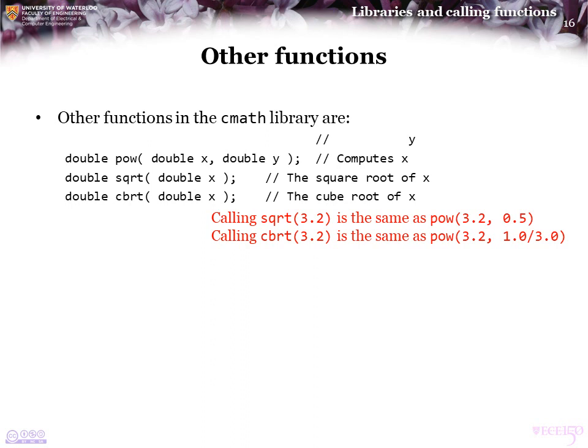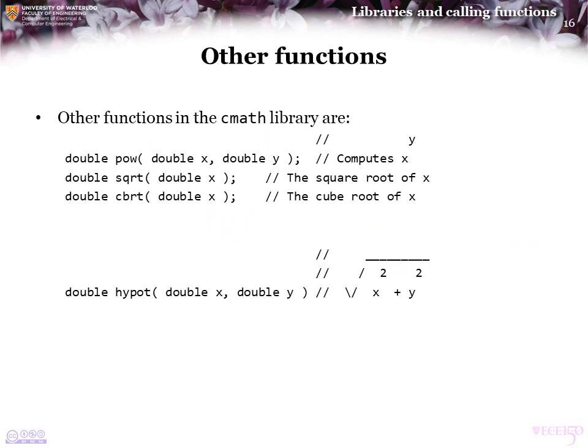However, the reason there is a separate function to calculate the square root is that the algorithm for calculating the square root of an argument is much faster than the more general algorithm that calculates x raised to the power y. The same is true for the cube root.